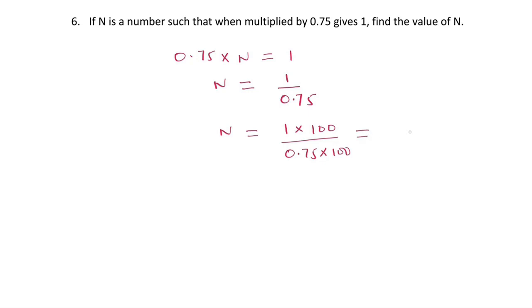Solving this, we are having 100 over 75. Okay, so now let us divide both numerator and denominator by 25 in order to simplify this fraction. Then we are having n equals 4 over 3. And this is going to be our answer.